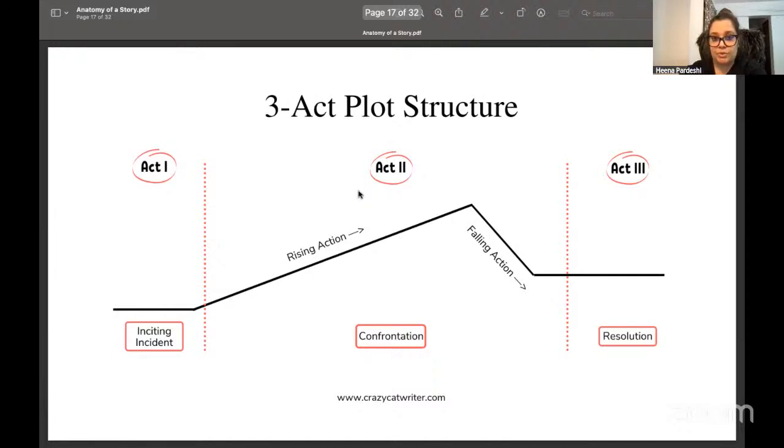Now, Act 2, the middle or confrontation. The protagonist is tested, conflicts escalate, stakes rise, and truths are revealed. Usually, this contains a midpoint, that is a revelation or reversal that changes the direction of the story.